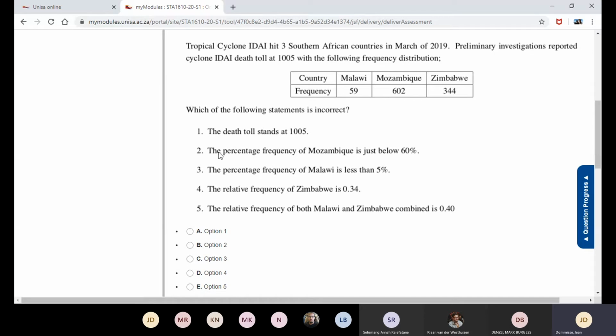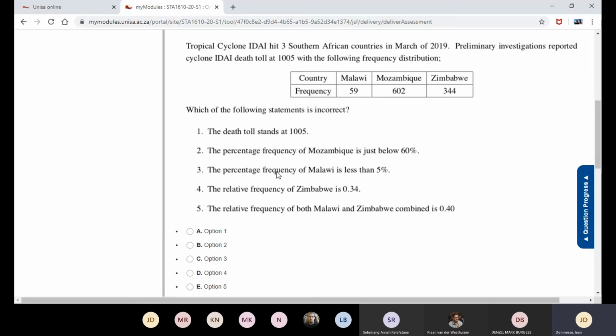The percentage frequency of Mozambique is just below 60%. So if we say 602 divided by 1,005, we will get just below 60, I think. So that one will also be correct.